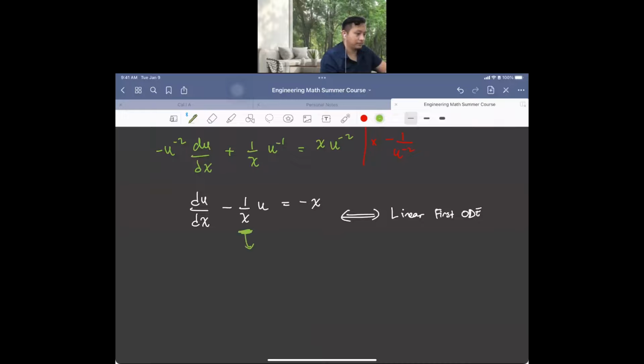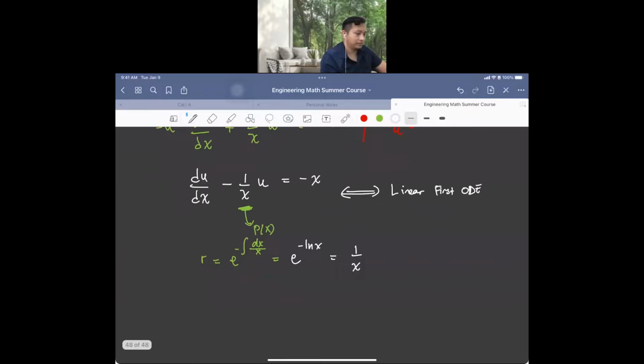Now we are using this 1 over x as our integrating factor, or let me write this is our p of x. So integrating factor r is e with power of negative integral dx over x, or this will be e with power of negative ln x, or this will be equal to 1 over x.